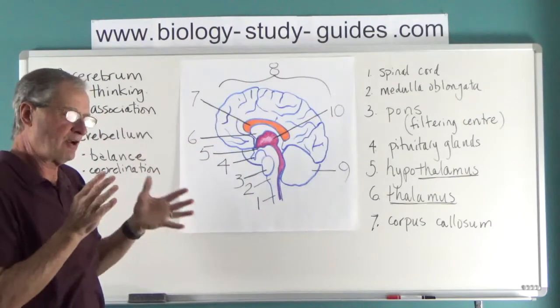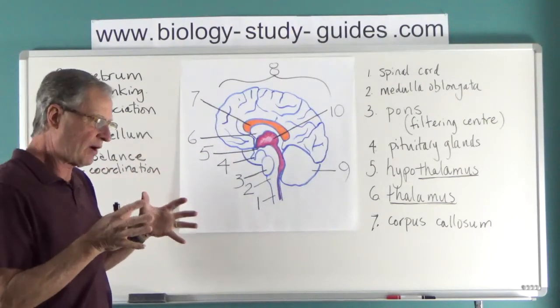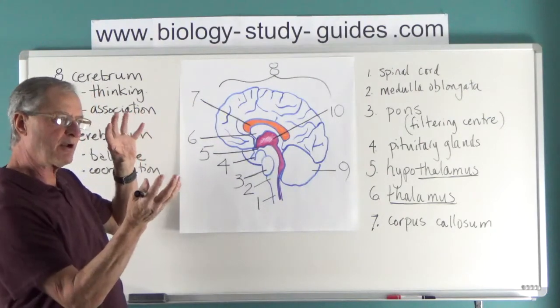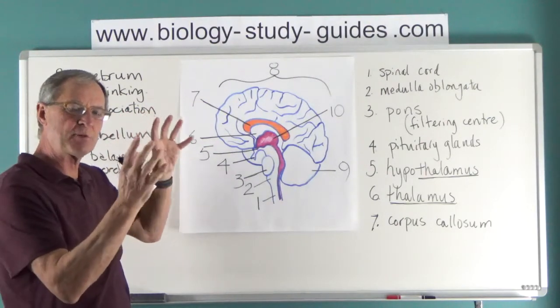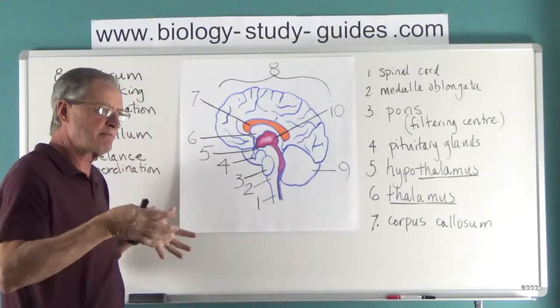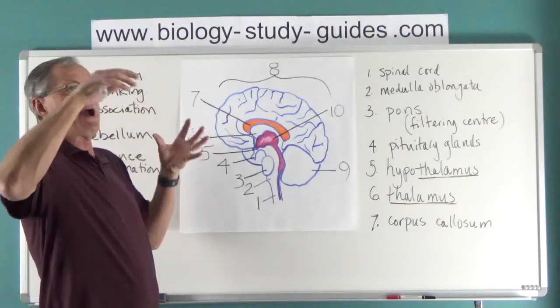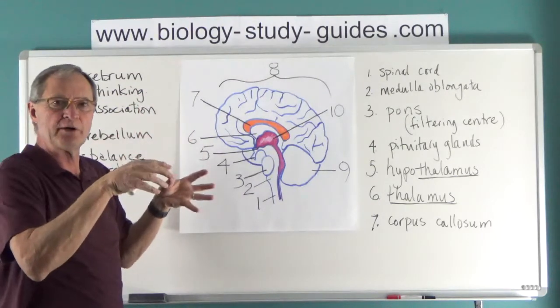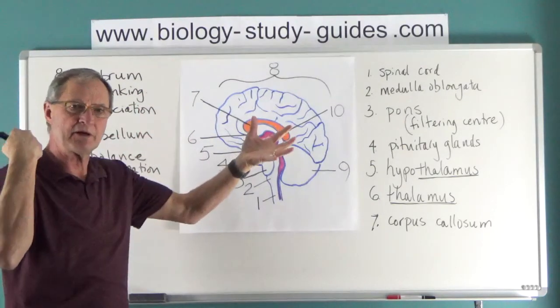Those fine motor skills require one part of your body to know exactly what another part of the body is doing. I'm going like this because I'm thinking of people who high jump and do the Fosbury flop. They go up over backwards, and they have to know exactly what their feet are doing when their head's down here and their feet are up there.